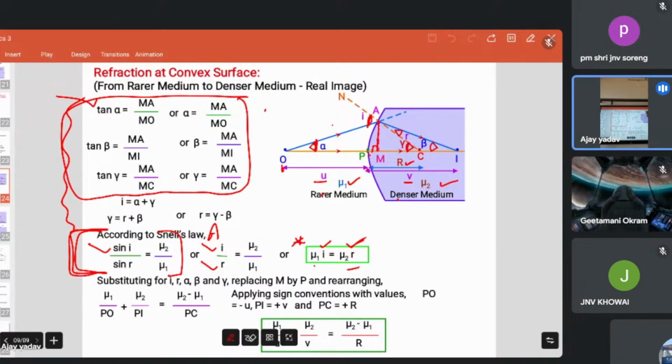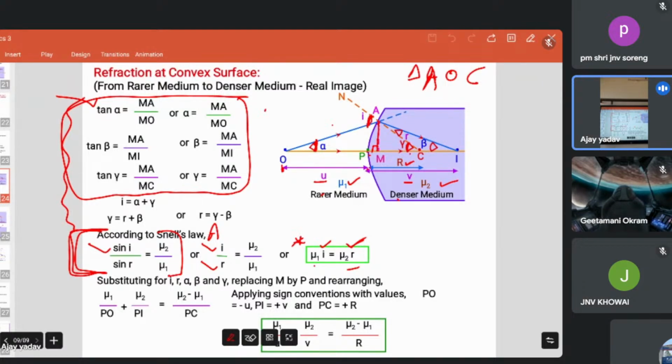Look at the triangle AOC. In this triangle AOC, alpha and gamma are the interior angles and angle I is the exterior angle.